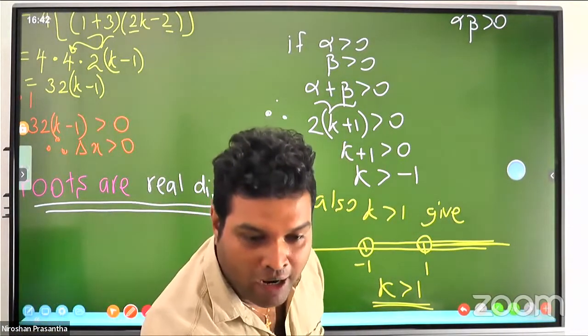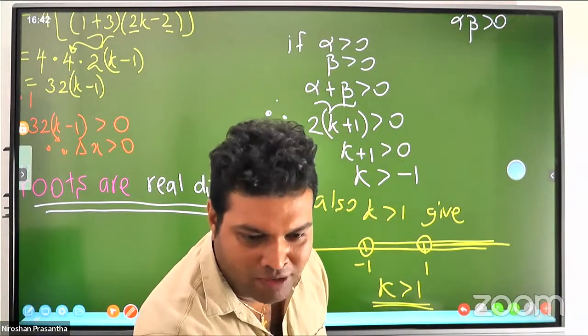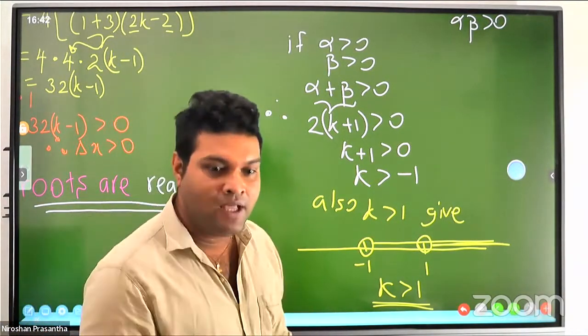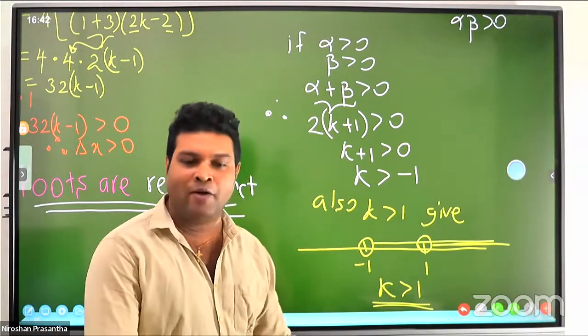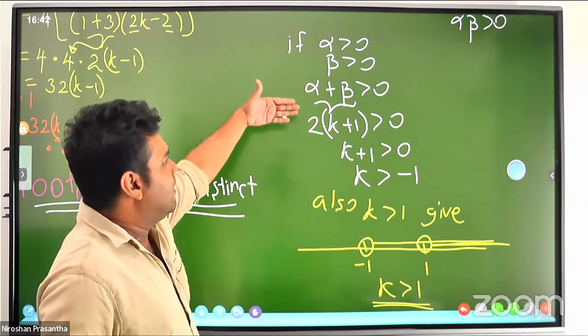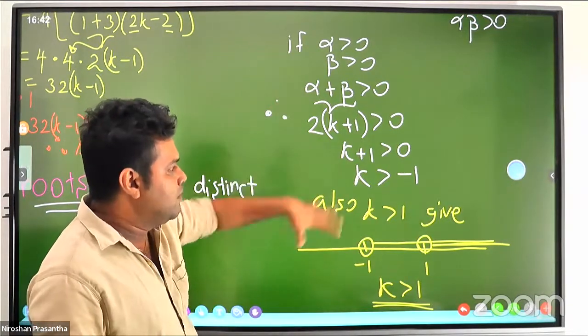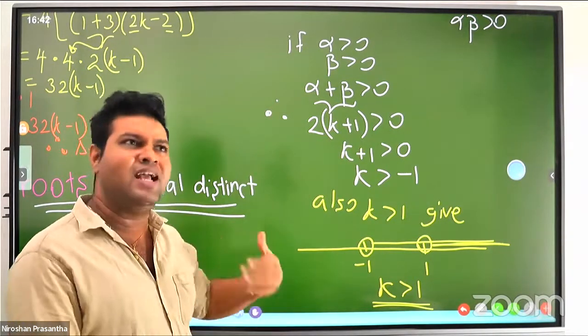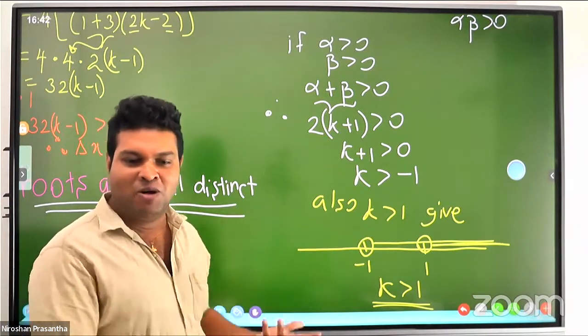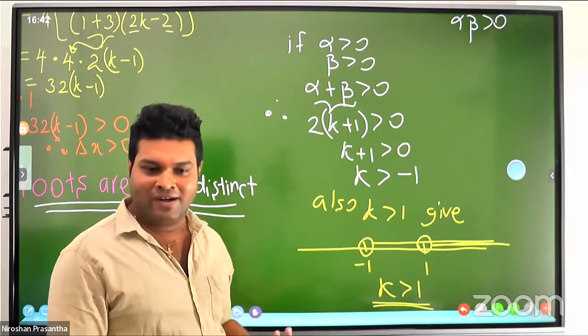Now, by writing this, I don't think that new students and some students who are doing maths have a lot of confidence. They will accept, yes, correct, no, because alpha positive, beta positive should be positive. But just because we have k greater than 1, an unfit answer has come my way, right? You don't believe that.